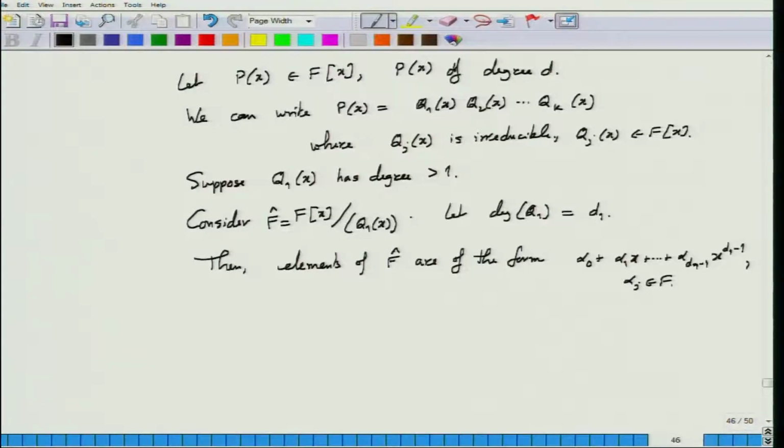What else can we say about F hat? We can say that F hat is a field.